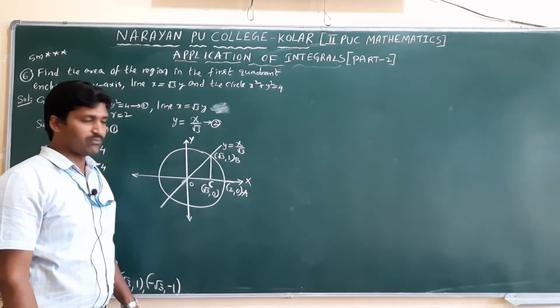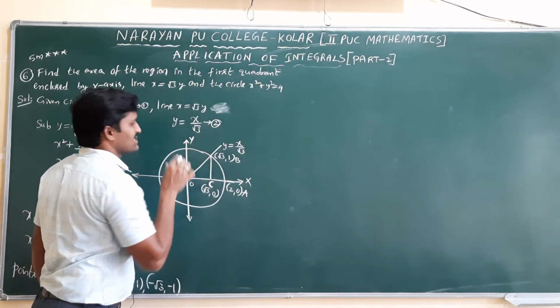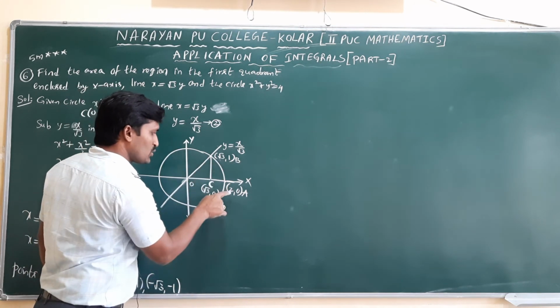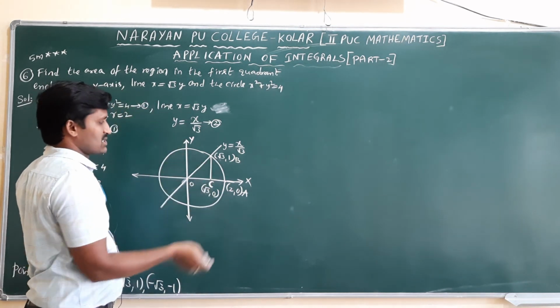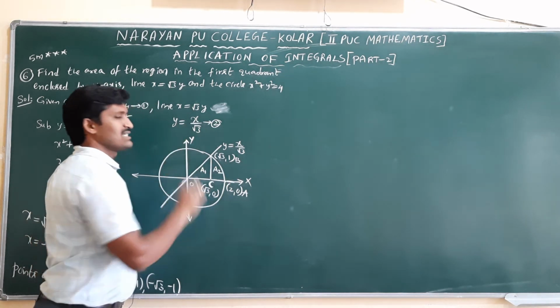Now from 0 to root 3 only the line exists. From root 3 to 2 only the circle curve exists. So two areas: this I will take as A1, and this is A2.